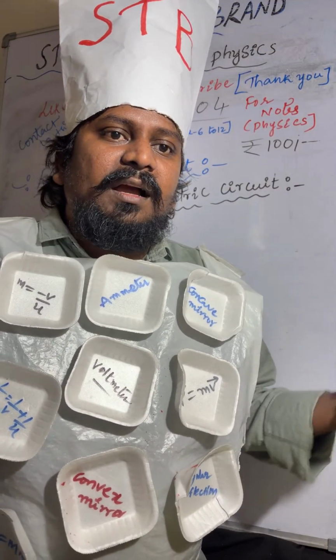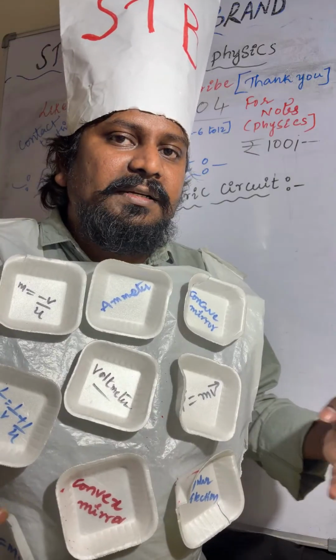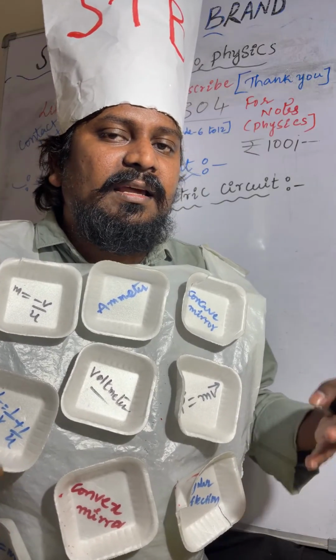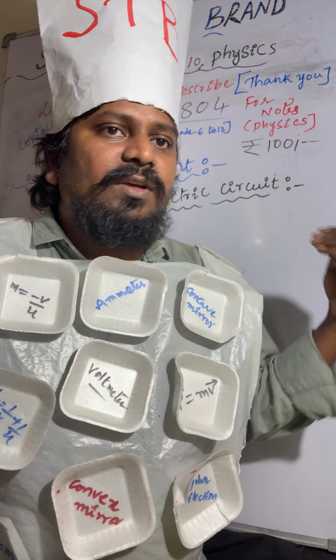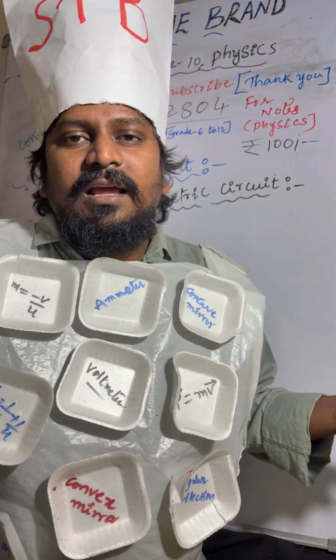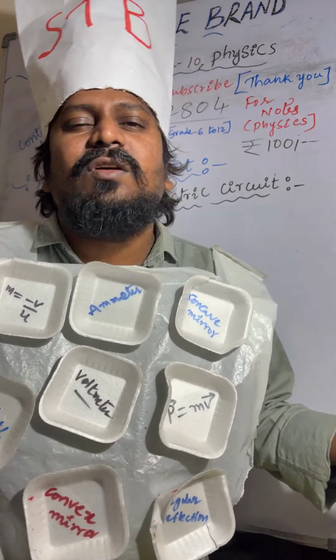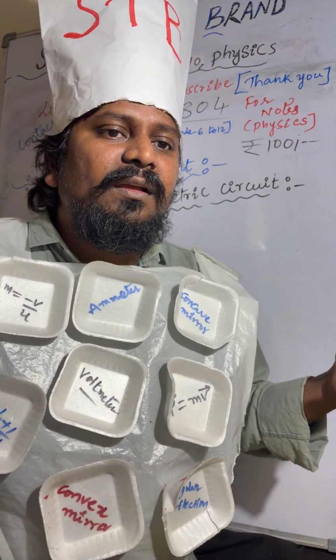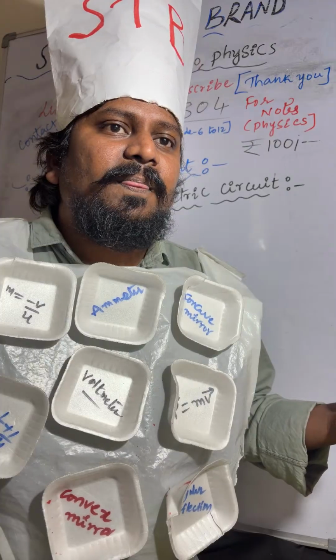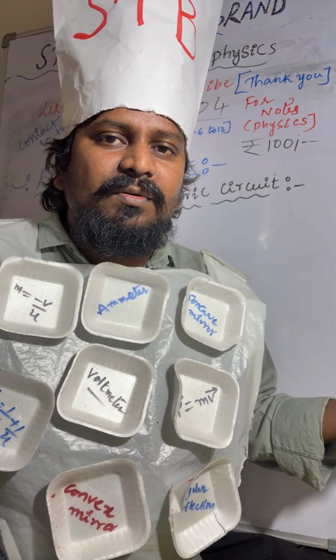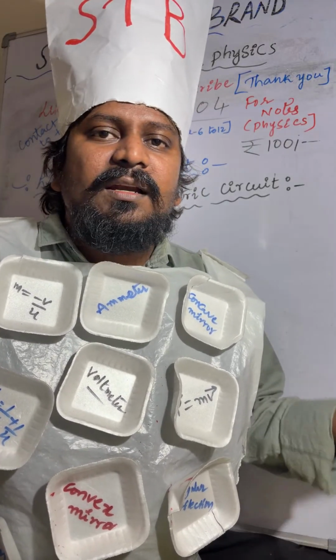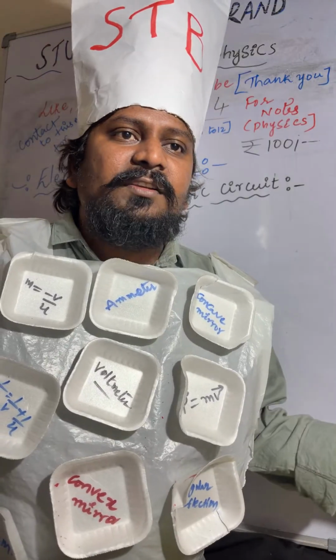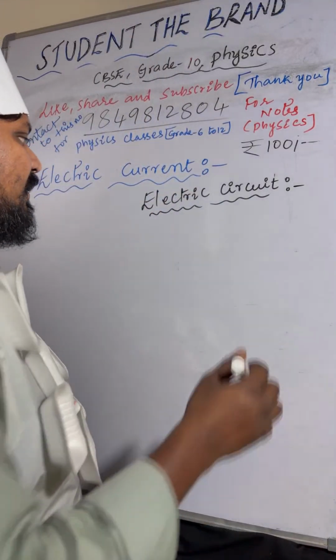A closed and continuous path of an electric current is known as an electric circuit. Now we will connect all the electrical elements in a series combination. Then we will discuss conventional current and electric current. So let's start.